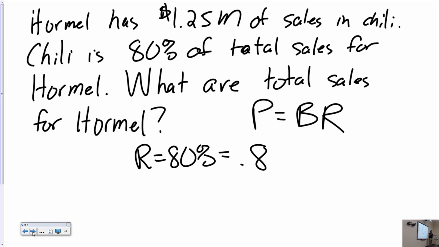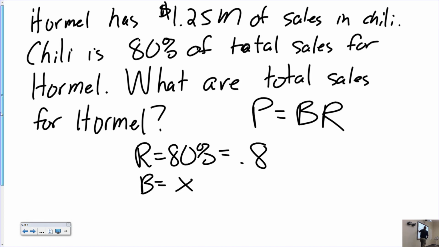Total sales. Therefore, what don't you know? The base. Therefore, B has to be X because I asked for total sales, and therefore I clearly did not give you 1.25 million as total sales. This is one of those process of elimination techniques to use when you're solving problems. Sometimes it's best to go through the whole problem to see what you got.